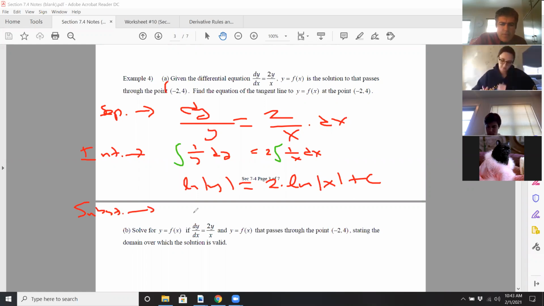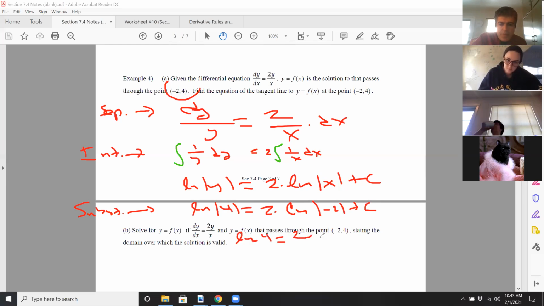So you have -2, 4. So I have natural log of 4 equals 2 times natural log of absolute value of -2 plus c. And so it would be natural log of 4 equals 2 times natural log 2. You can get rid of the absolute value after you work it out.